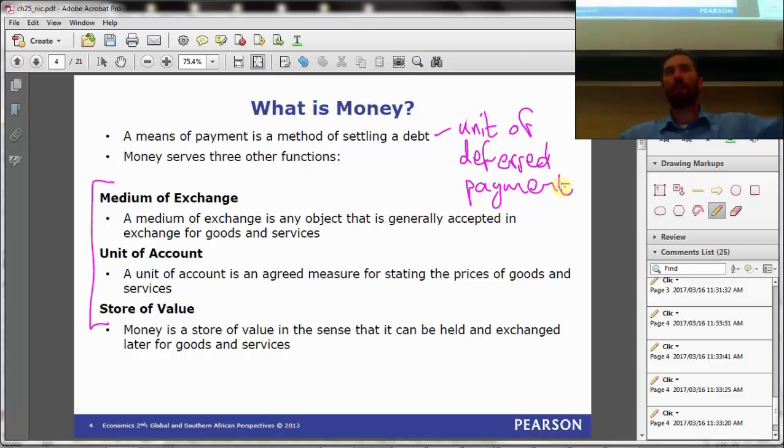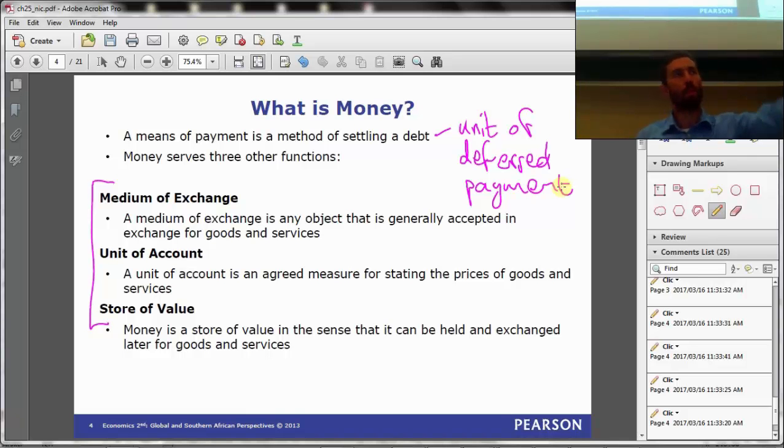So if you really want to understand money, in my opinion, you've got to understand money as a thing that allows exchange to be separated by time. And if it's separated by time, it is implicitly a debt/credit instrument, right?